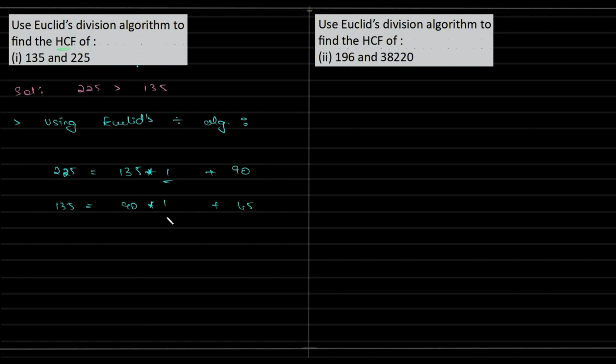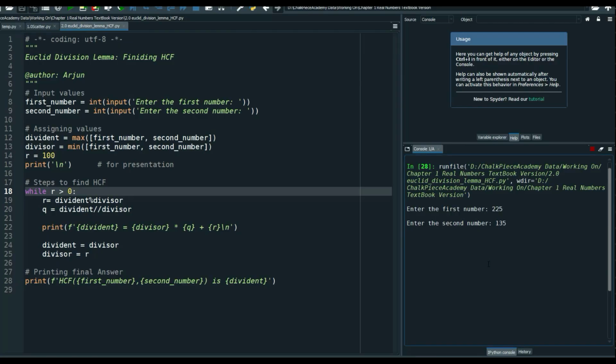Difference is 45, and 45 divides 90 with 2 and the remainder is 0, and thus the HCF between 225 and 135 is 45, right? So let's execute this and we got the same answer with the same number of steps.